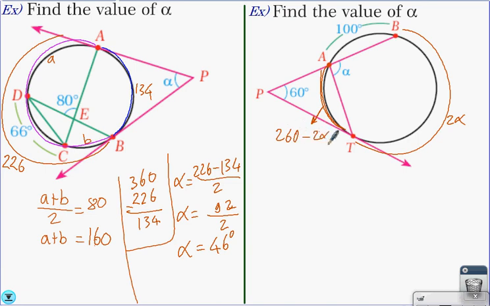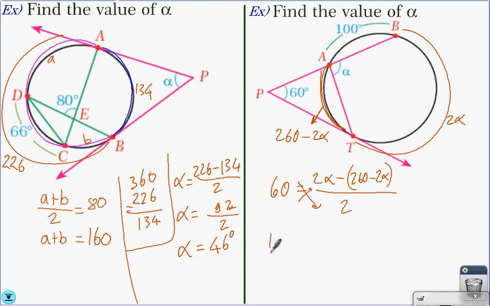260 minus 2 alpha. So then the 60 degree exterior angle equals, so it makes two arcs over there. The larger one, which is 2 alpha, minus the smaller one, which we just said is 260 minus 2 alpha, over 2.